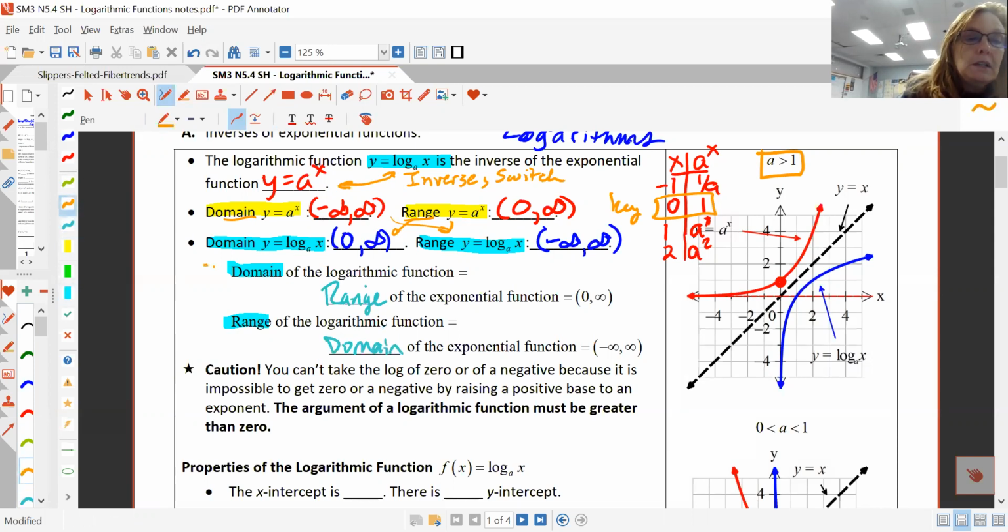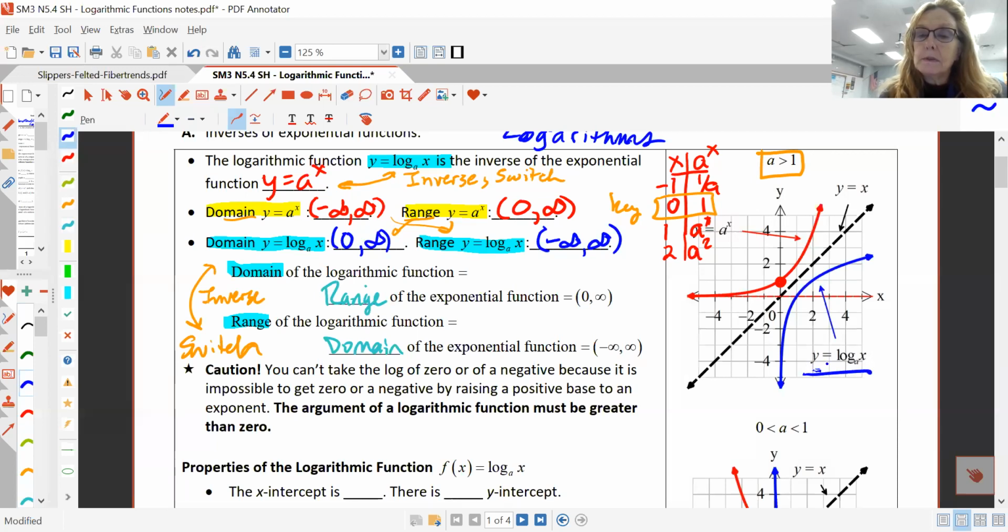So y inverse, switch. So I switch the x and the y, and I also switch the domain and range because that's part of the switching, all right? So if I look at my base set here for a logarithm, so here's my log x, okay?